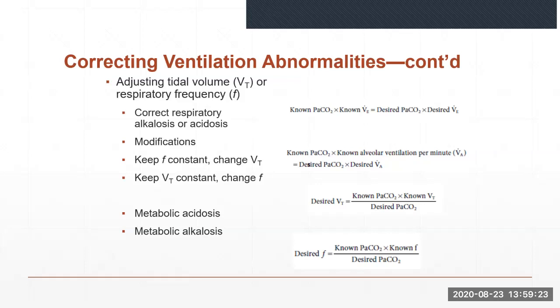Controversy also exists regarding the benefit of using alkalinizing agents, such as bicarbonate administration, in the treatment of metabolic acidosis. Lowering arterial CO2 is also controversial, but if the patient is losing the struggle to maintain high ventilation with spontaneous breathing, assisted ventilation may be necessary to avoid respiratory failure.